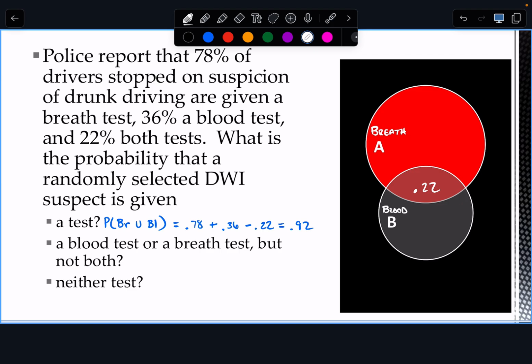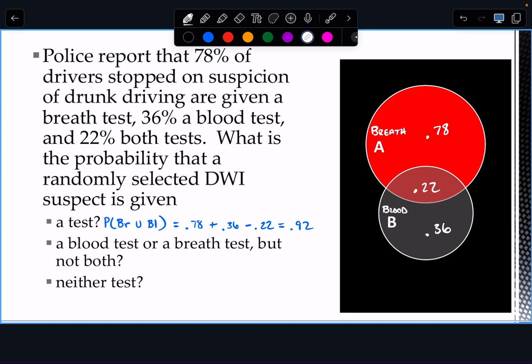Now, when I go to fill in the other 2 regions associated with my events, this is where I've got to be careful. Number 1 mistake kids want to make is they put the 22% in here, and then they go immediately to, well, that means this is my 78 because that's the breath test, and this is 36 because that's the blood test. What's the problem, though? Well, yeah, the probabilities go up to way more than 1, right?